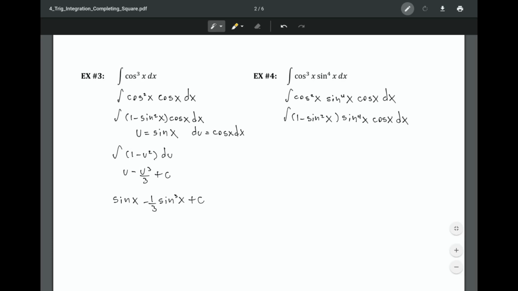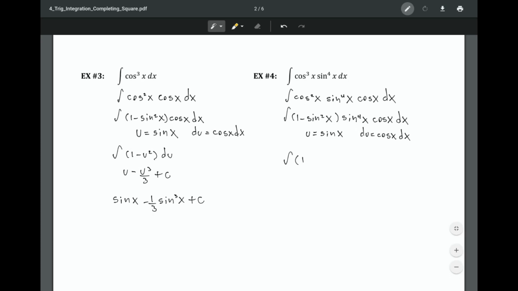And then I'm going to use u-substitution, where I'm going to call u equal to sine of x, and du is going to be equal to cosine of x dx. And I'm going to use substitution from here.